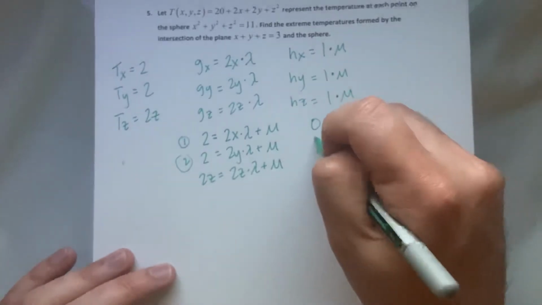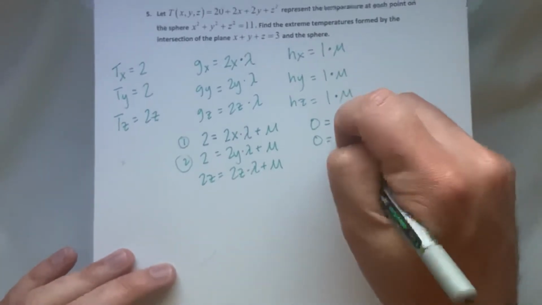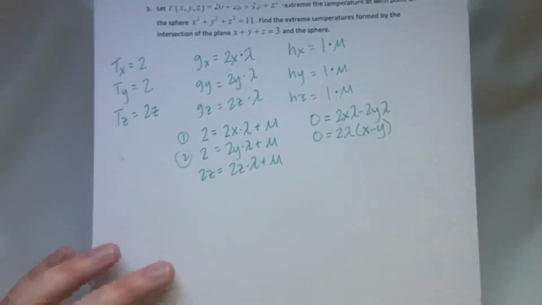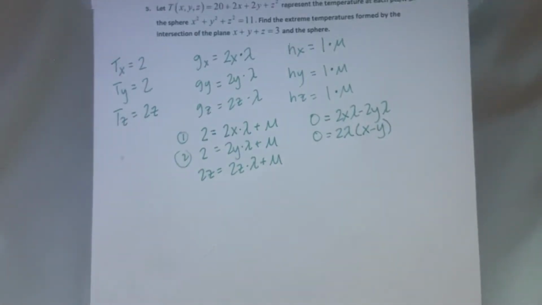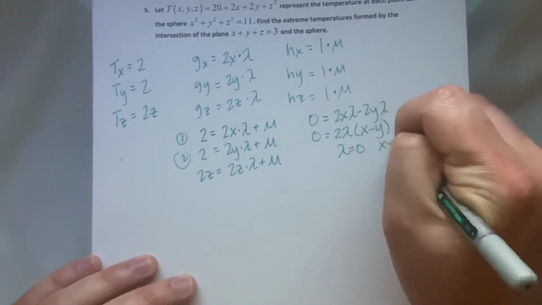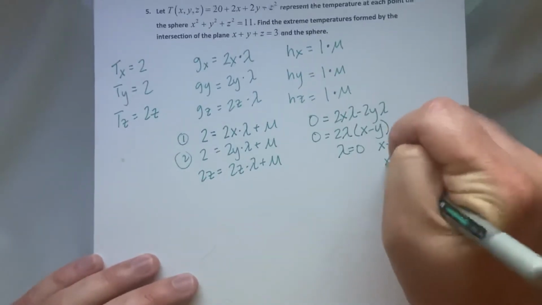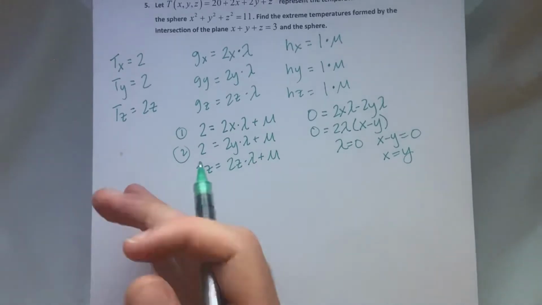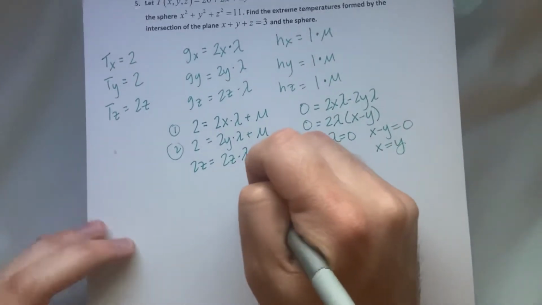These both have a 2 and a lambda, so when it's equal to 0, thankfully I can factor 2 lambda times x minus y. If 2 things multiply to 0, we know one of them has to be equal to 0, so either lambda is 0 or x minus y is 0, which means x equals y. So we've got 2 cases here, and we're going to have to explore each case because they could both produce some outcomes.